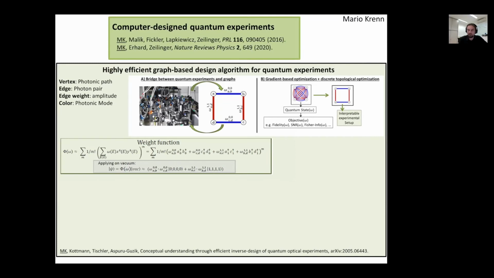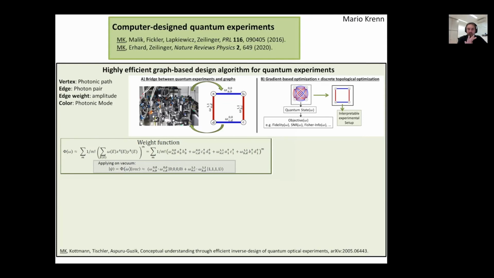This weighted colored graph now describes at the same time the quantum state and a quantum experiment. That means that we can now write the quantum state and each of its properties in terms of the weights of the graphs. For this, we introduce something called a weight function, which is a function that we can very easily derive from the graph.